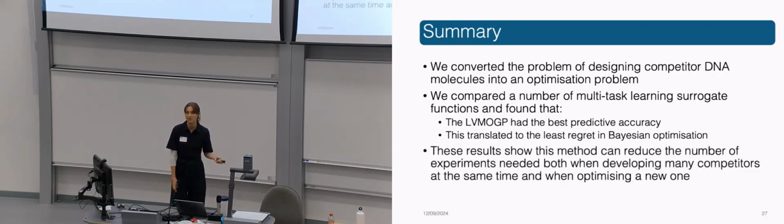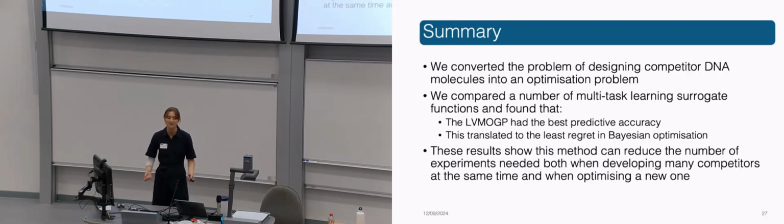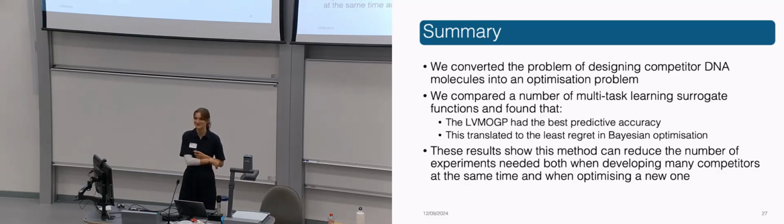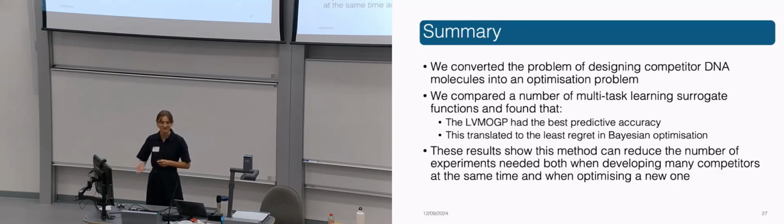These results show that this method can be used for generating these new competitors. My experimental collaborator, who I worked on this with, has now started a startup that is doing exactly this, building these diagnostics, and I think he is using this Bayes-Opt approach to design new competitors.